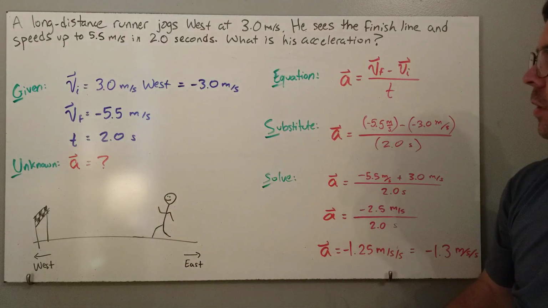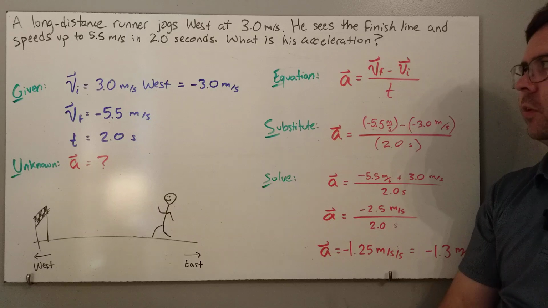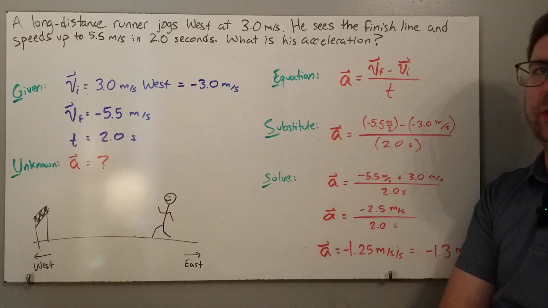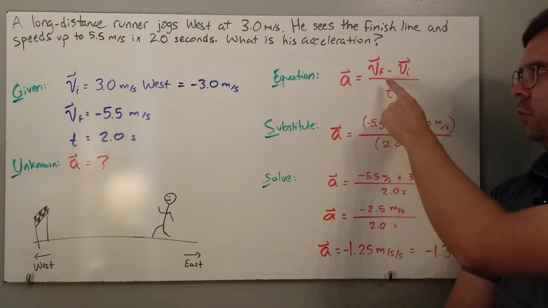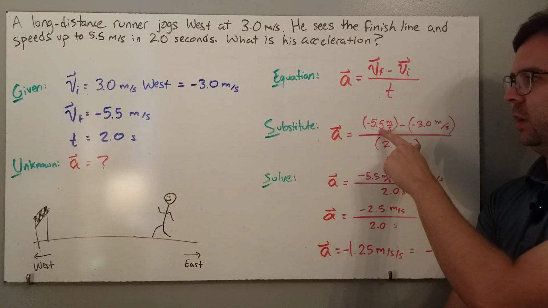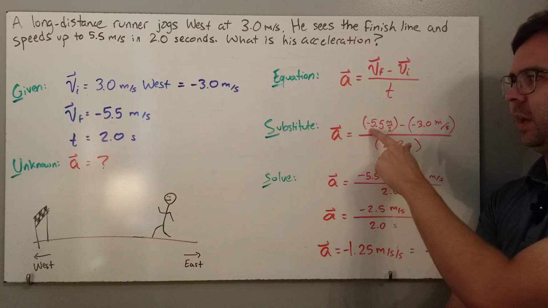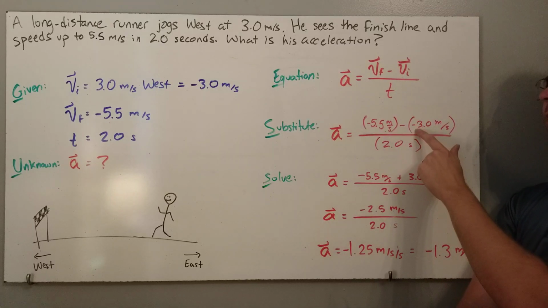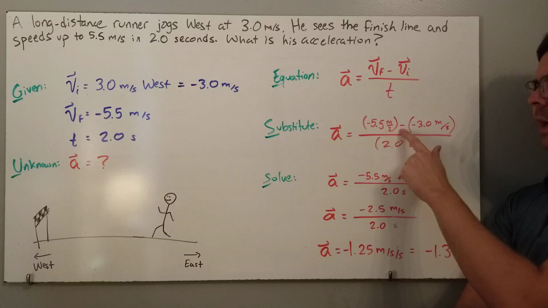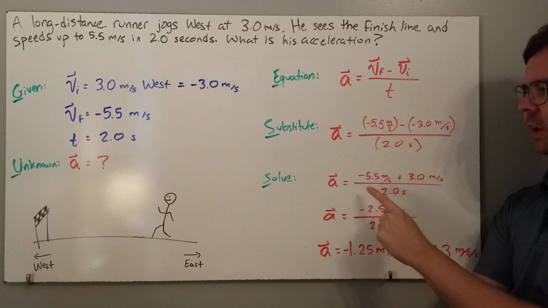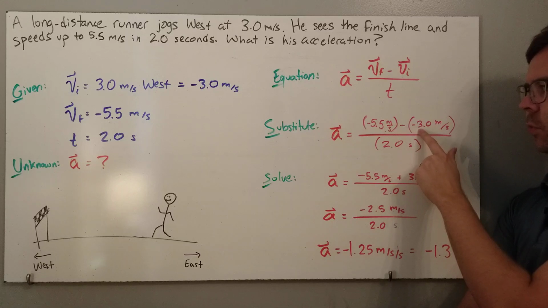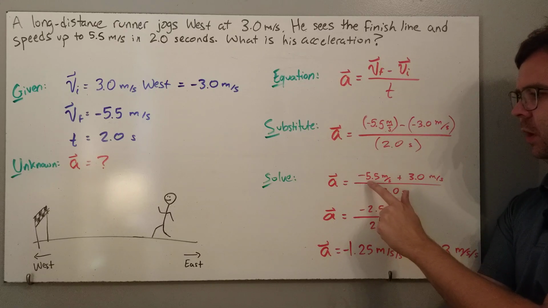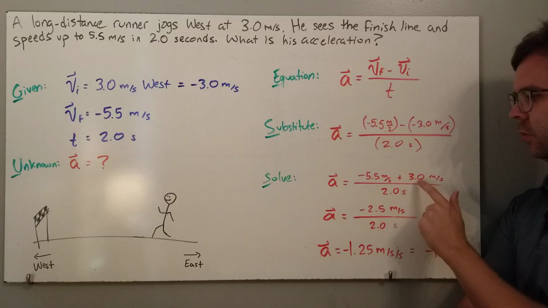What is his acceleration? We're going to use this equation over here because it's got both my final and initial velocities in it. And so it's easy to figure out the difference in the velocities here. So I'm going to substitute in for final velocity, negative 5.5. I'm going to keep that negative sign in here because this is important for vector quantities. We have the initial velocity of negative 3. So we have minus a negative here, and that's going to be a little interesting down here, because whenever you have negative 5.5 minus negative 3.0, that ends up turning into negative 5.5 plus 3.0.